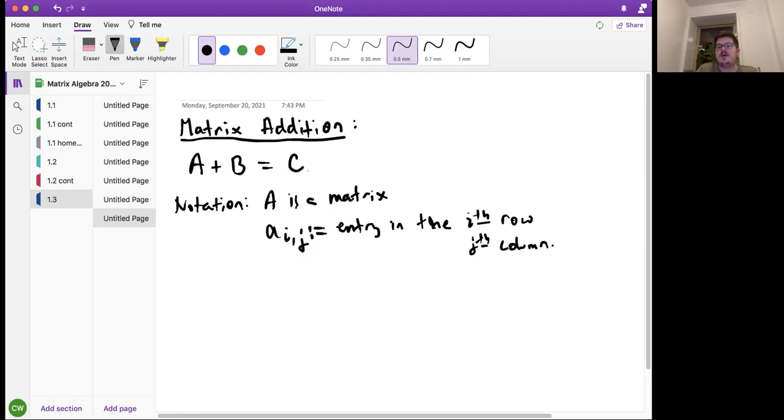So when we talk about operations on matrices, we're mostly going to be talking about what the entries in the matrix are.